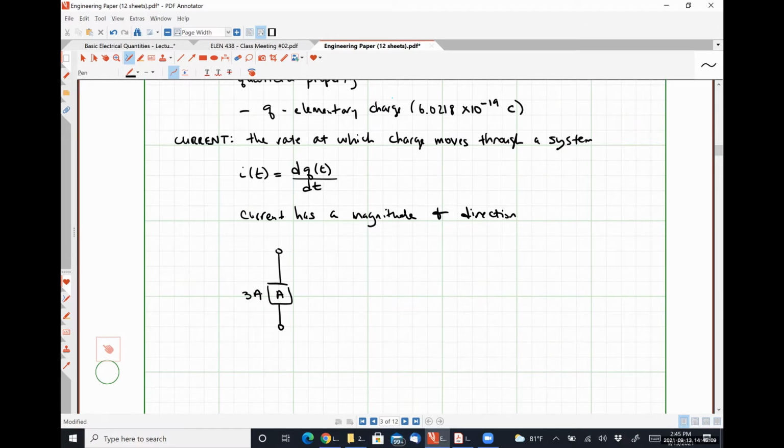The direction of current is critically important in circuit analysis. So I need to also always include an arrow to indicate its direction, all right?